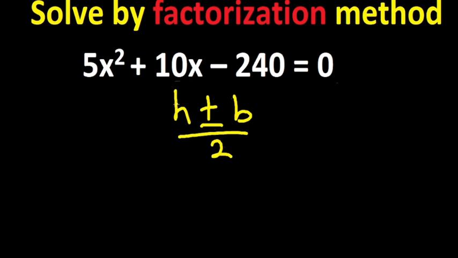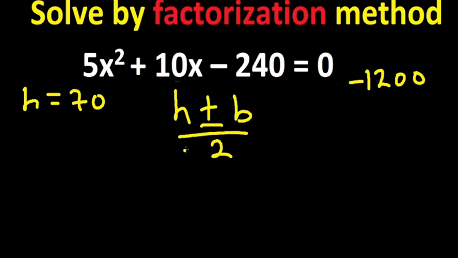So remember that h is a discriminant, which we have already calculated as 70. So now we're going to plug in the respective values into this formula and find the factors of negative 1200 that will give us 10.